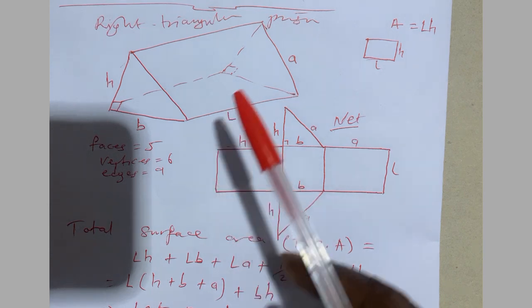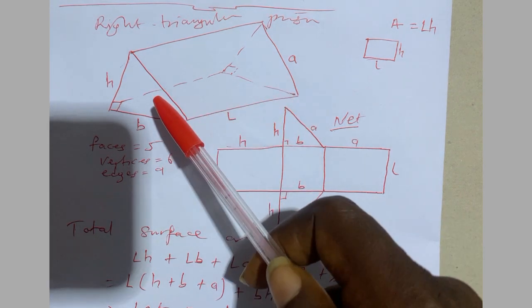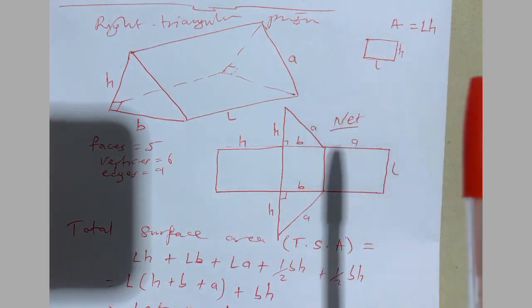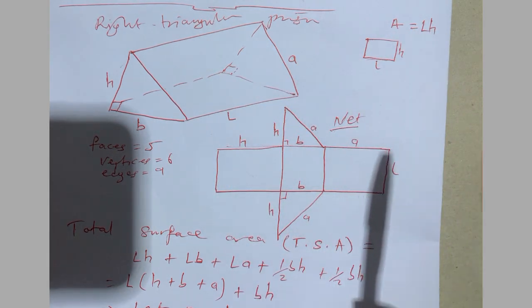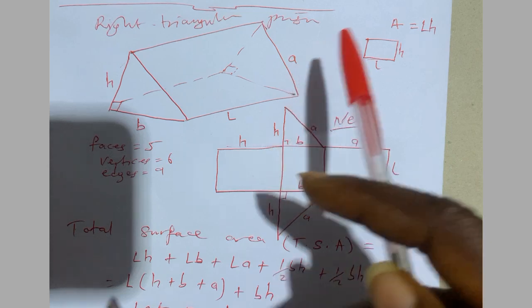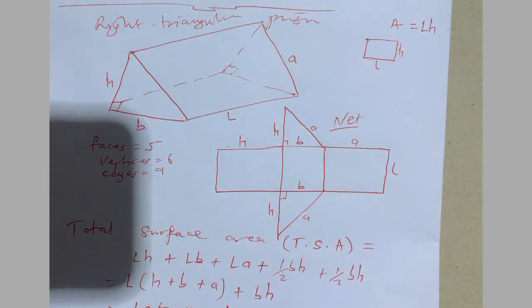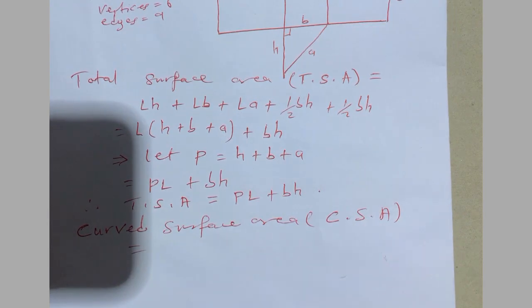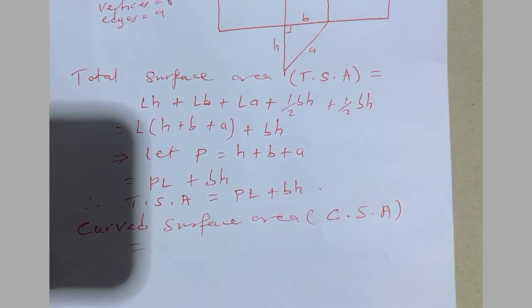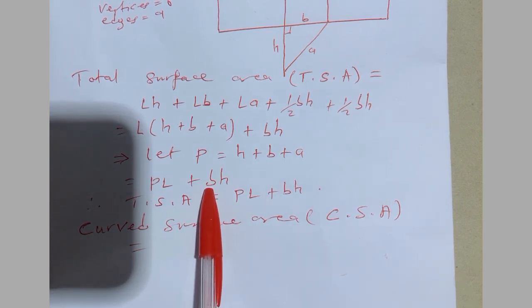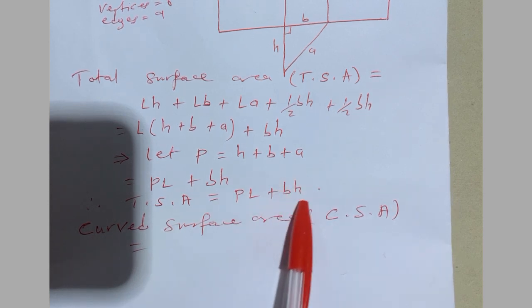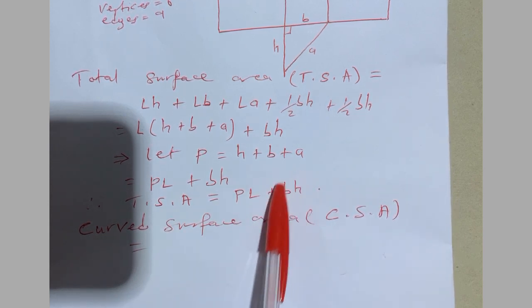Since we're talking about a triangular prism, then the curved surface area is when we take the triangle at the bottom and the triangle at the top from the shape. And when that happens, since both triangles are being taken from the shape, the area of the two triangles gives us the BH in its total surface area.